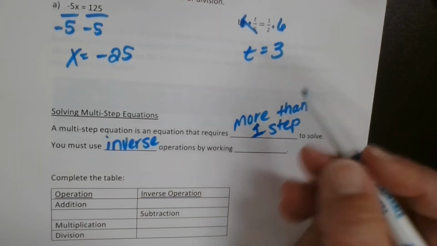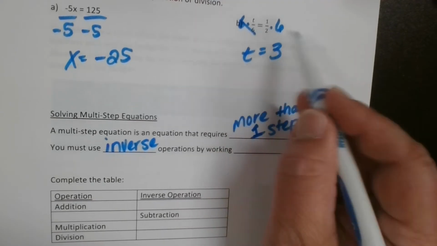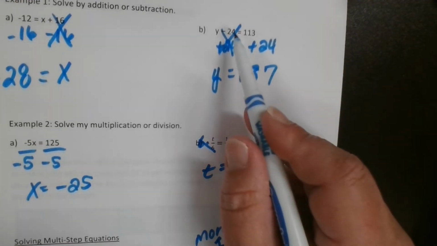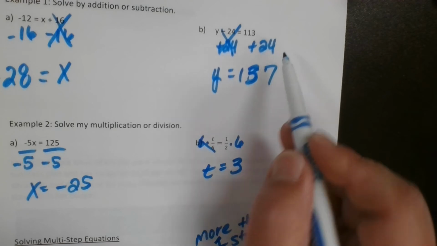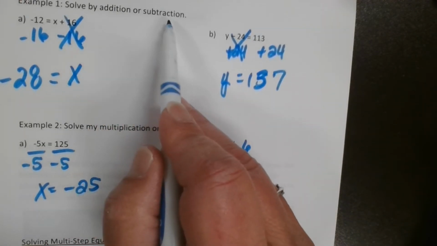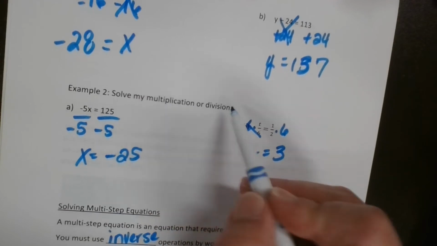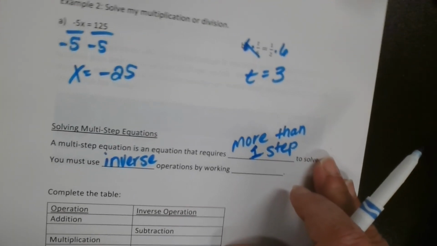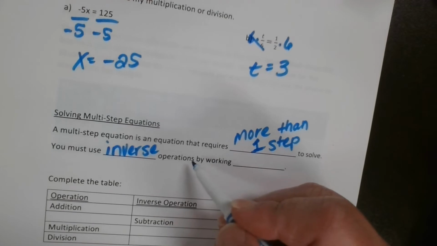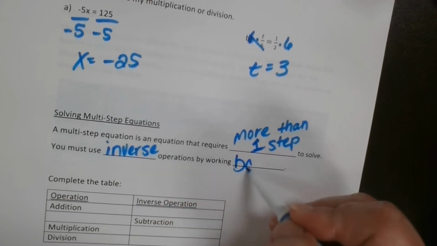Inverse operations. The inverse of division, multiplication. Inverse of subtraction, addition. Addition and subtraction are inverse operations. Multiplication and division, inverse operations. So basically, you're doing that by working backwards.